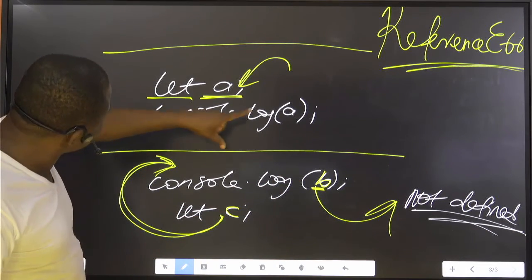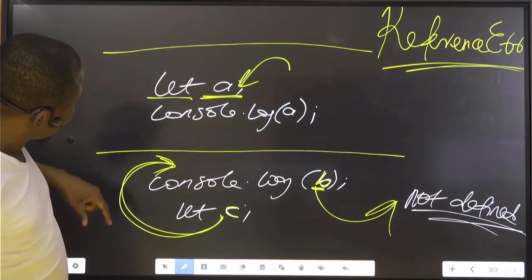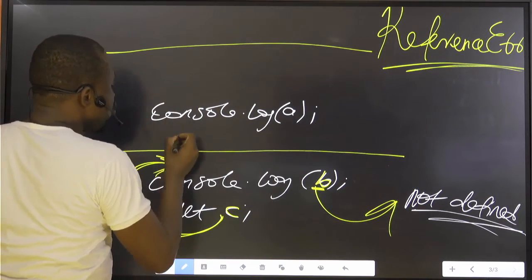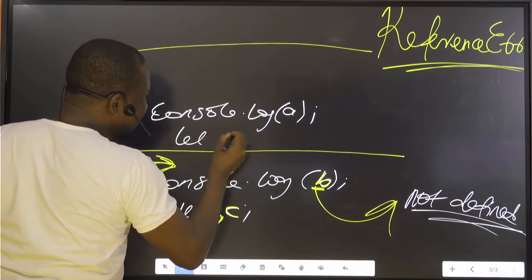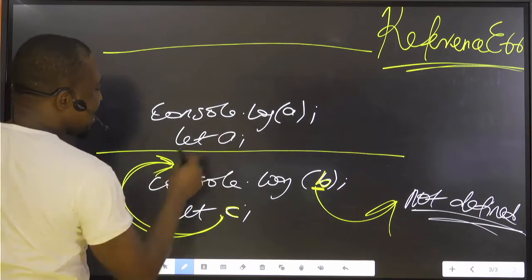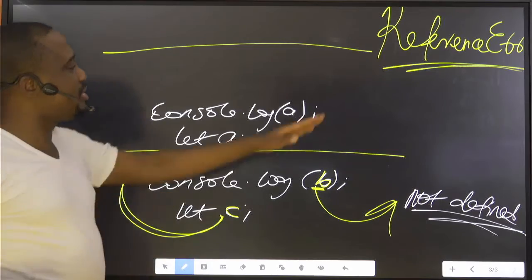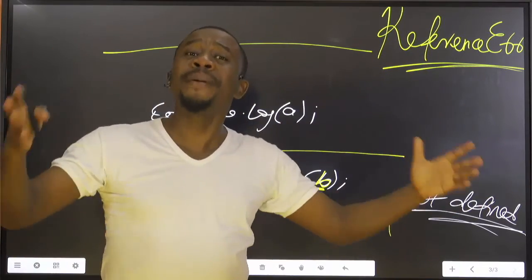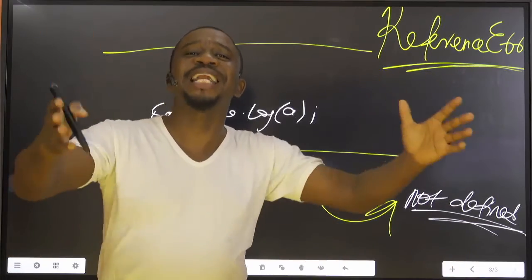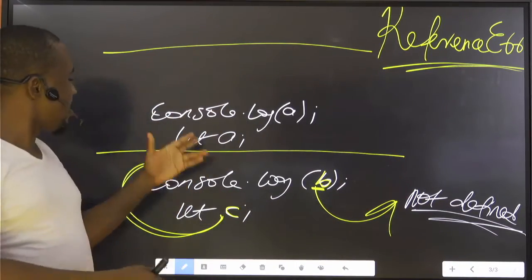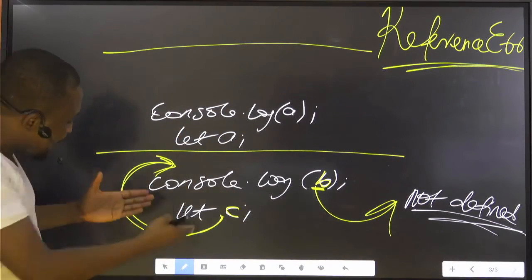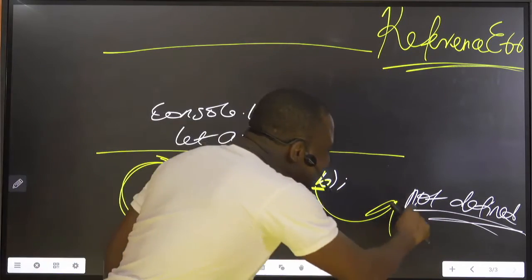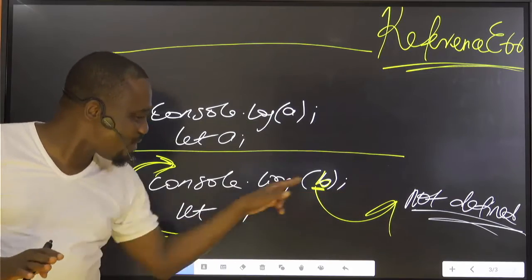But for this one, as you can see in this place, if you move this guy now to this place by saying let a, it will only tell you reference error. That is, I am aware of it, but the problem I have with you is that you have not assigned a value to a when you use let. But for this guy, b is not even declared. It will tell you that it is not defined. Not defined is the error this will give you.